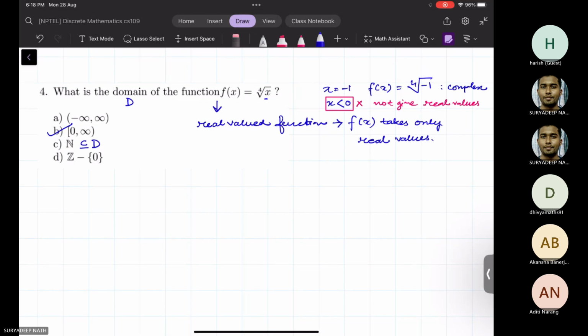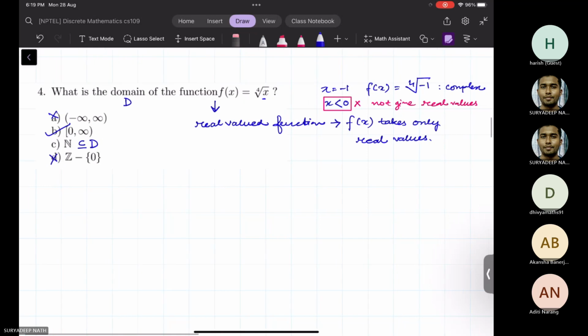Z means integers, and if you remove 0 from the integers, it also includes negative numbers, which is not possible. So A and D are incorrect because they contain the negative side. C is a smaller set of the actual domain. Therefore, the best answer is option B, 0 to infinity. I hope that was clear to everyone.